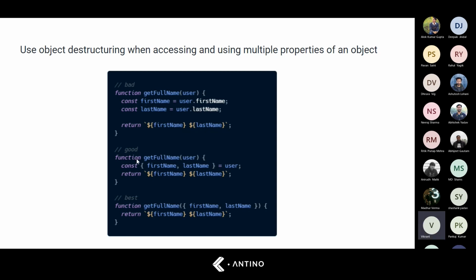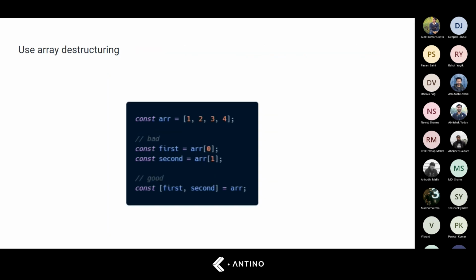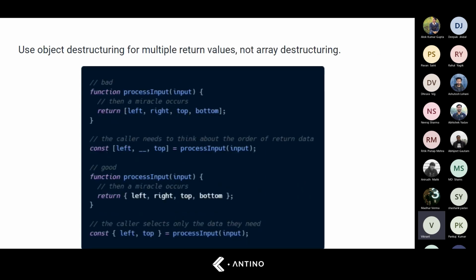In that case, the good approach is better, if we have a large number of properties you need to destructure. Then in that case, the good approach is better. Okay, Vikrant, thanks. Okay, we will move to the next slide.